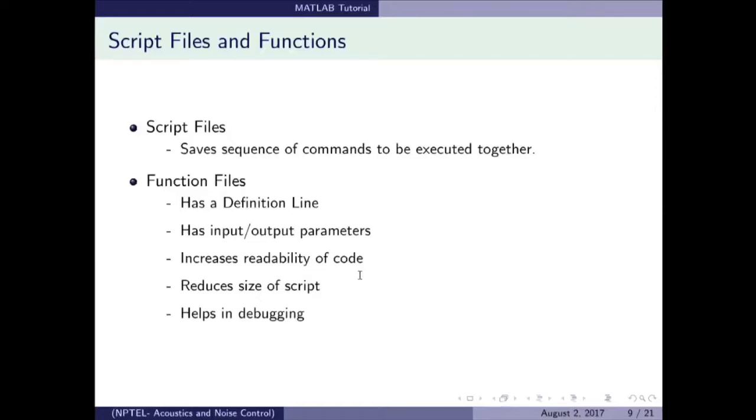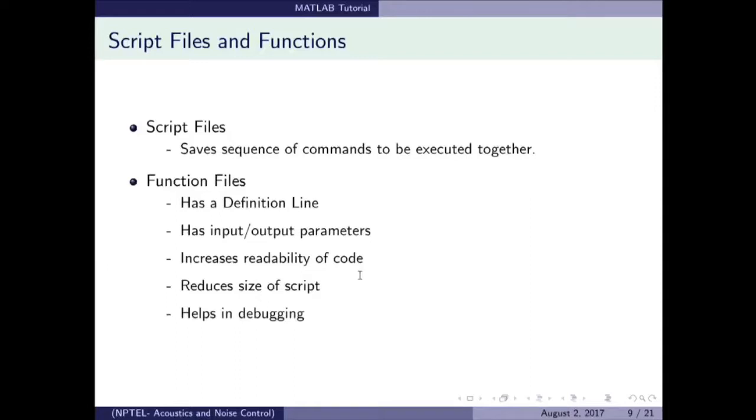We could not pass any variables from outside. But in case of function files we can do so, and this gives them a lot of flexibility. Also, the variables that are created in the function are local. That is, they don't show up in the workspace. They exist within the function only. We will see what this passing of variables means in a minute.